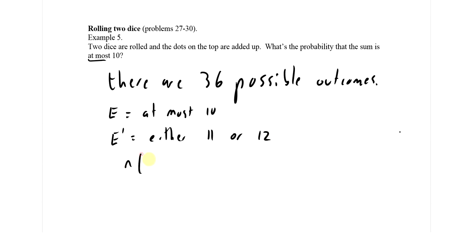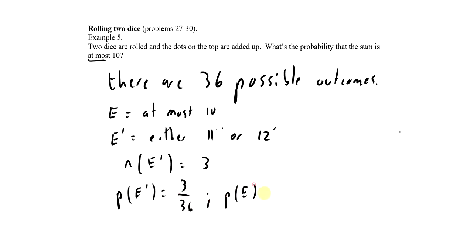How many ways are there to roll an 11 or a 12? There's 3 ways to do that. You can roll a pair of 6s, that'll give you 12, a 6 on the first die and a 5 on the second die, that would give you 11, or a 5 on the first die and a 6 on the second die, that would give you 11. So what's the probability of rolling an 11 or a 12? 3 over 36.